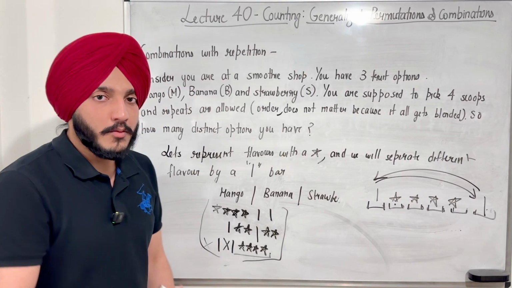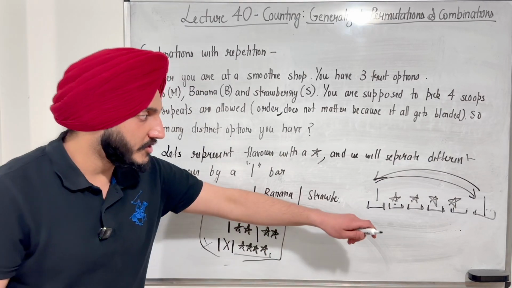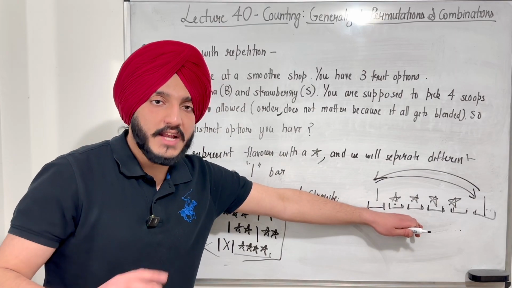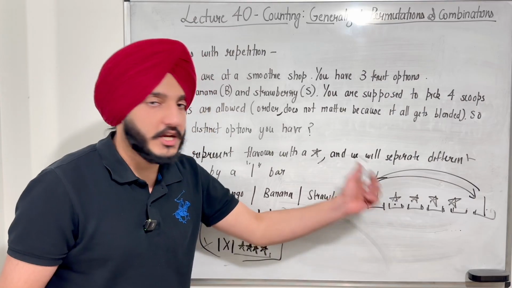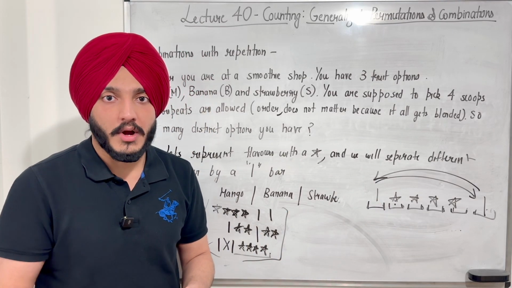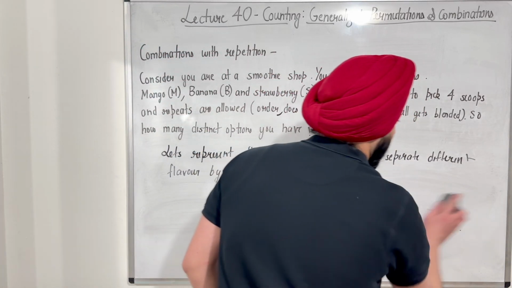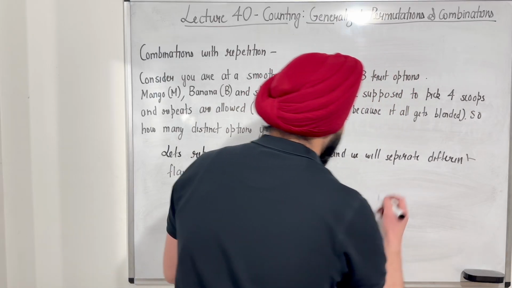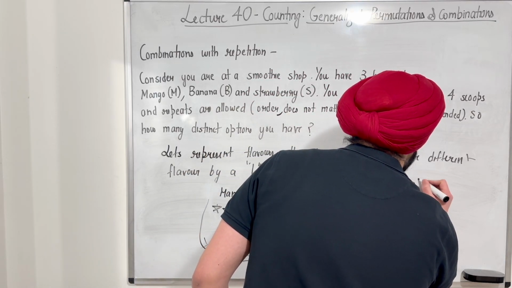So I want you to pause the video and solve the question I'm asking. You have 6 boxes, and you need to pick 2 of them for the bars, and the order does not matter. So how many options would you have? The answer would simply be the combination formula that we have covered, which is C of 6, 2.